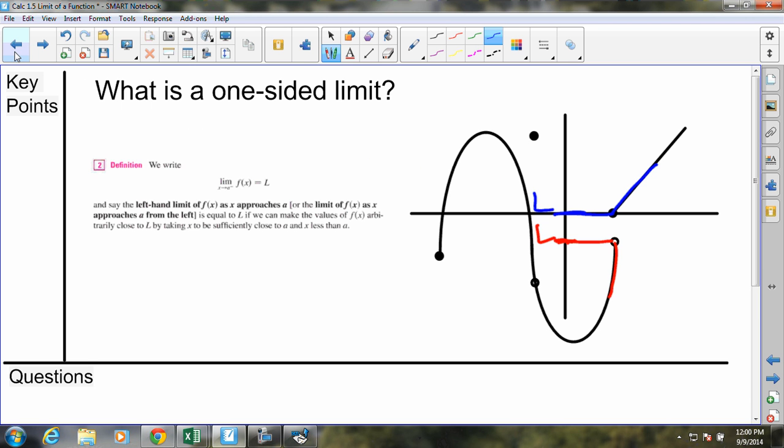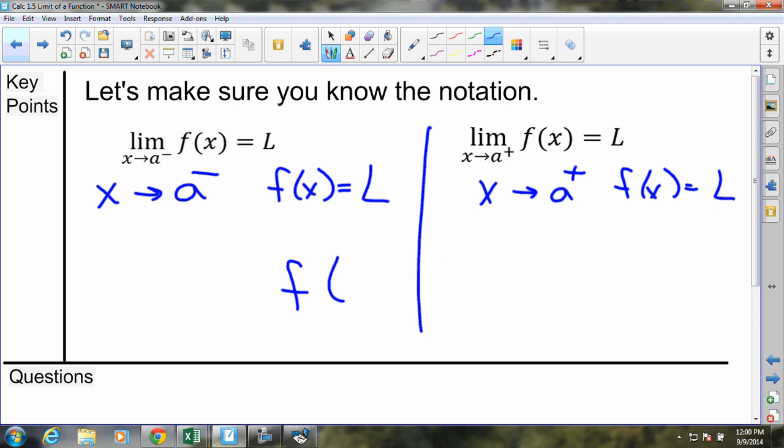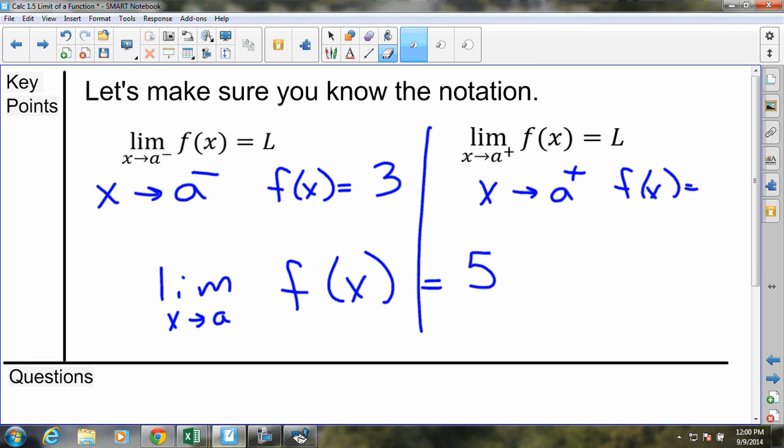And this past graph is an illustration of that. But when we talk about the general limit, where we say the limit of f of x as x approaches a equals 5, well, if we had the left-hand limit equals 3 and the right-hand limit equals 5, does it make sense to say this?